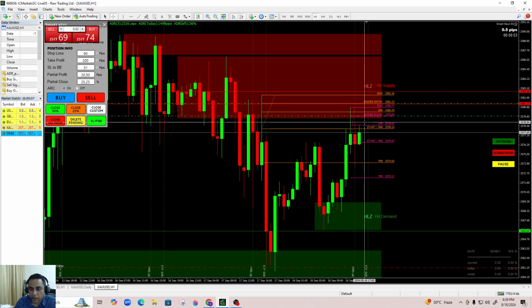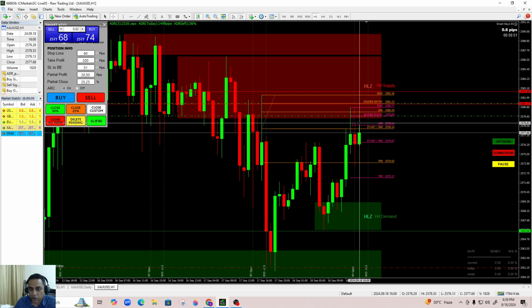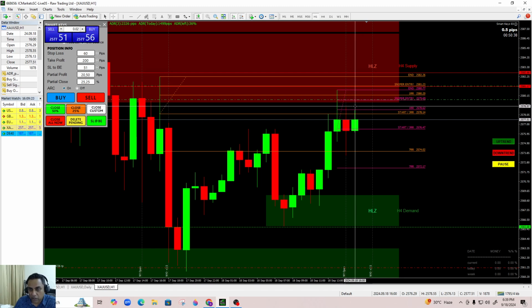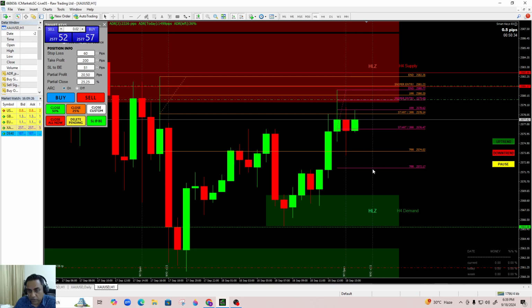So it's very likely this H1 high is going to break. There's another 50 minutes for this H1 candle to close. So it's going to break this high, right? Because it's a very weak candle. Going to break this high to grab some liquidity if it is to continue down.